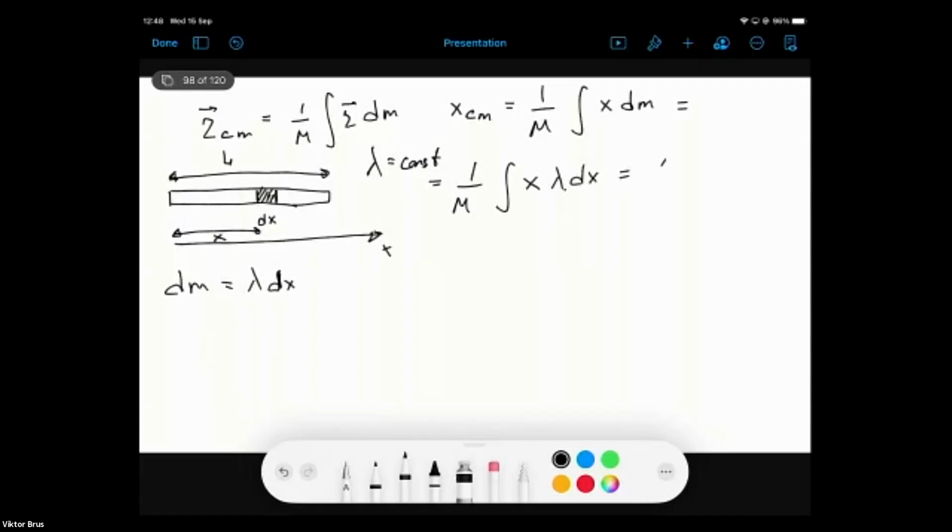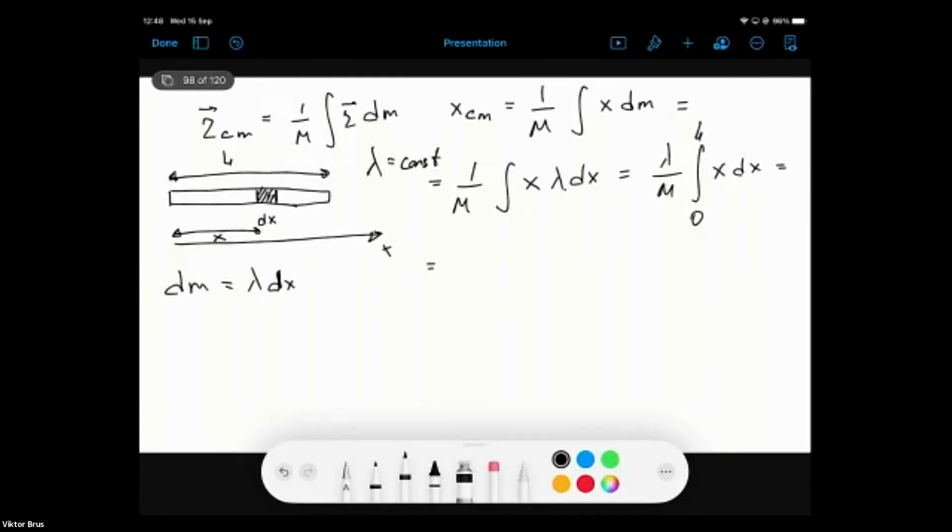So we can take it out of the integral: lambda over M integral of x dx, and we need to set the limits for integration. It goes from 0 to L, the total length of the rod.